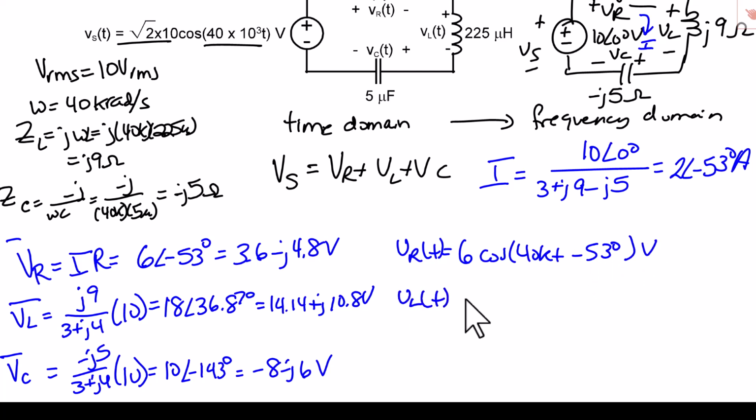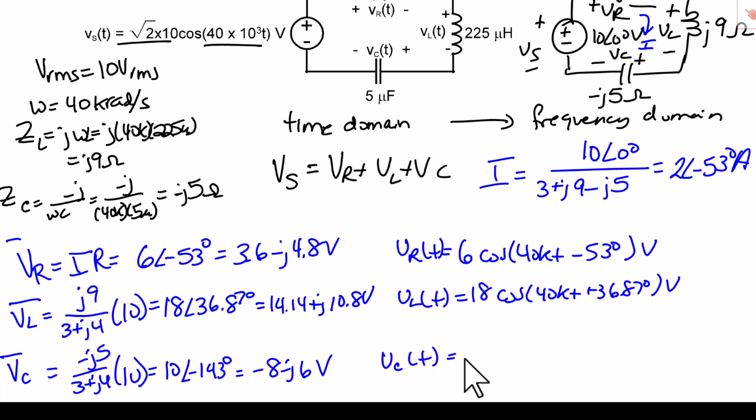The voltage across the inductor would be 18 cosine(40,000t plus 36.87 degrees). And the voltage across the capacitor would be 10 cosine(40,000t minus 143 degrees).